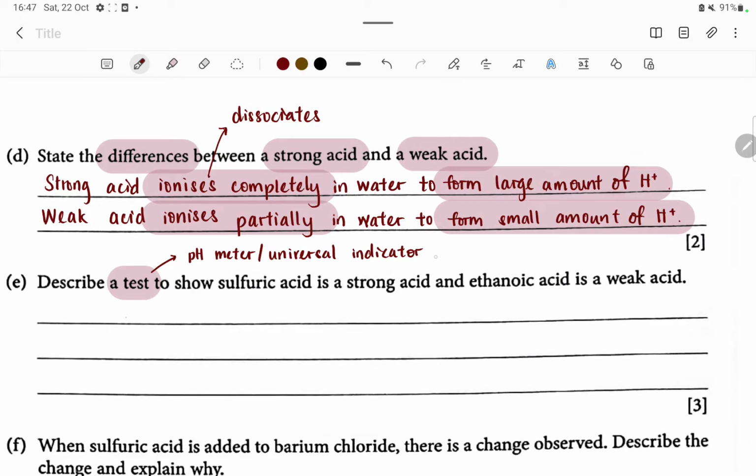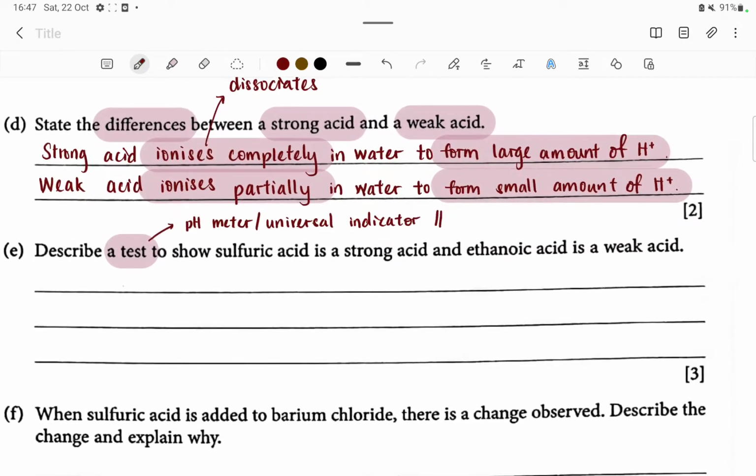Or the third way is to, this one is more or less related to the electrochemistry, chapter 4. So this one, we make a simple cell with a voltmeter. In other words, we make a voltaic cell.